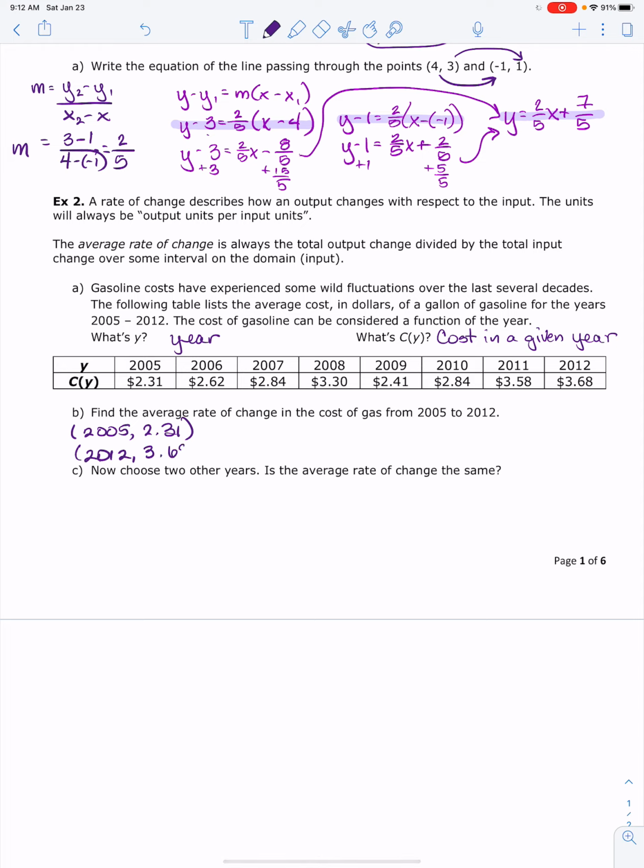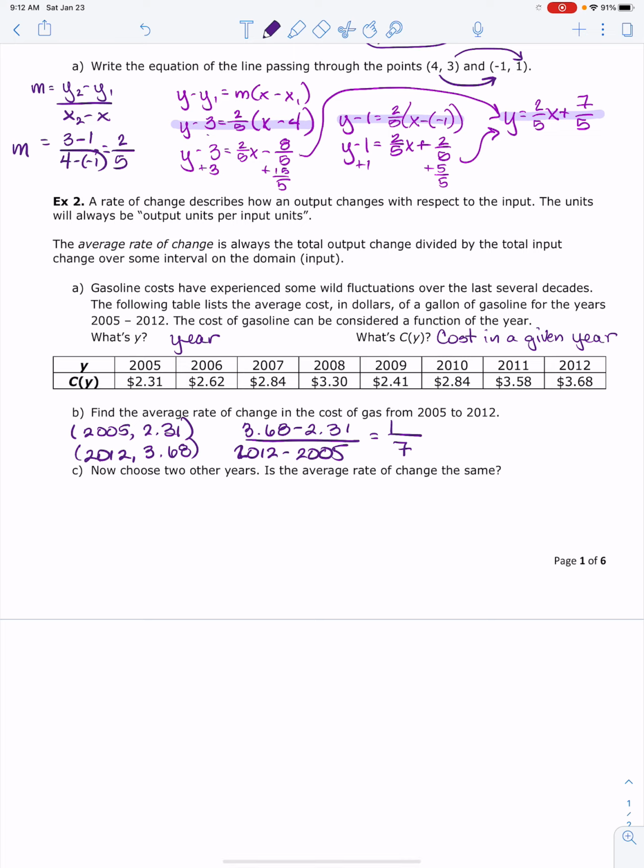Y is our input. It reflects that year. And so our average rate of change, I've got the change in the price of gas, 368 minus 231, over the number of years. So we're talking about 7 years here.